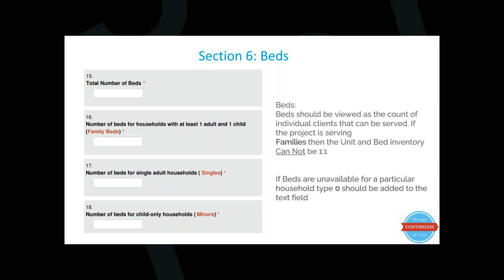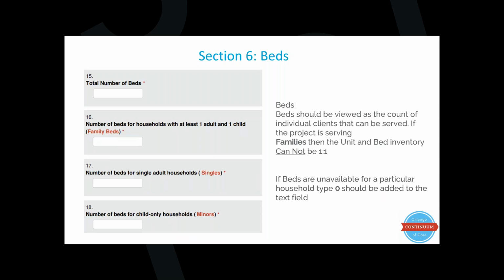The count of unique group ID numbers would be the total households being served, whereas the individual client ID numbers are the individual clients, the beds that are going to be reflected.